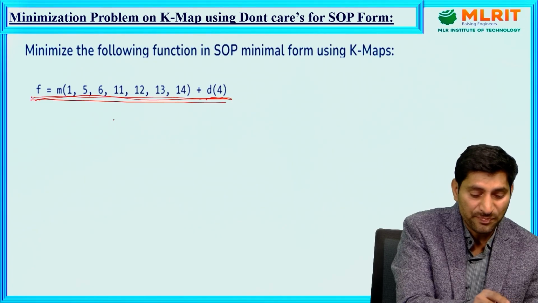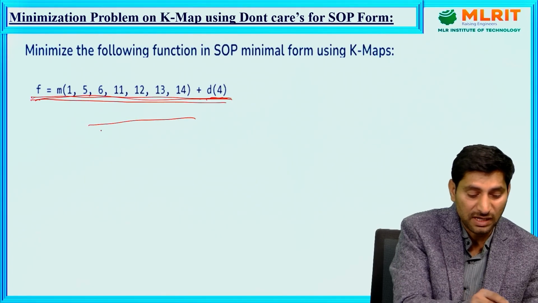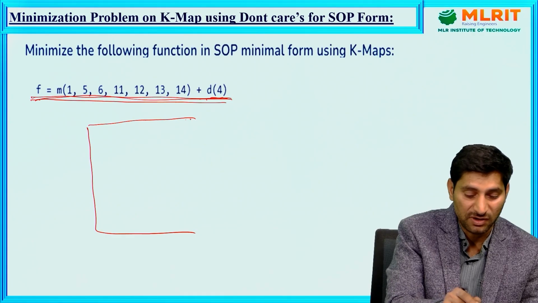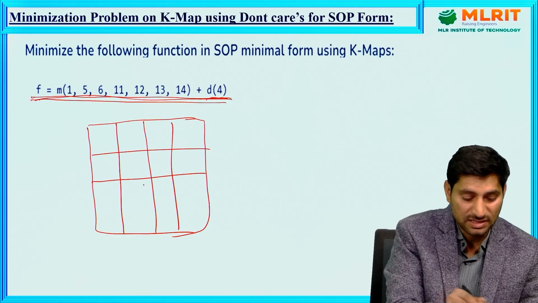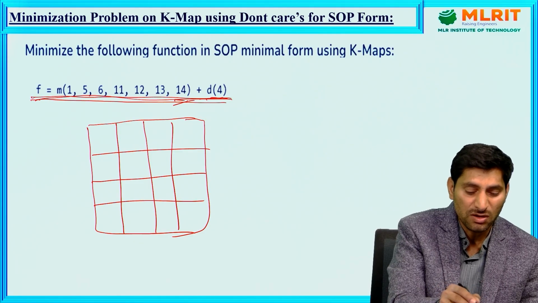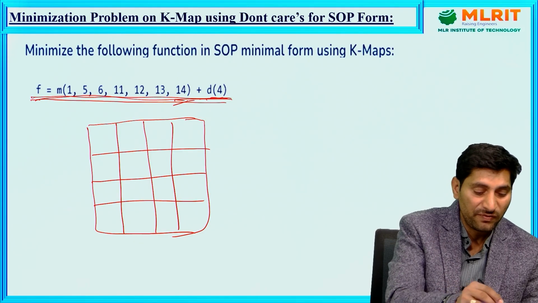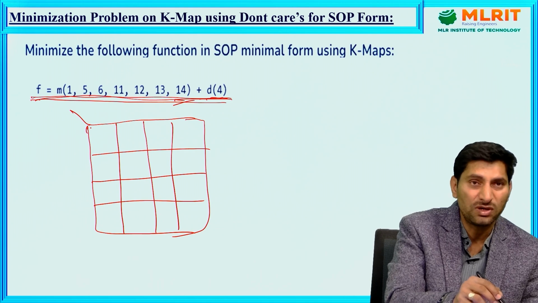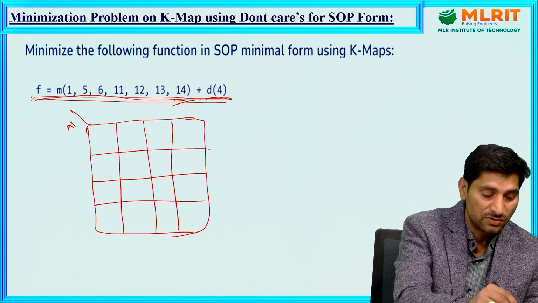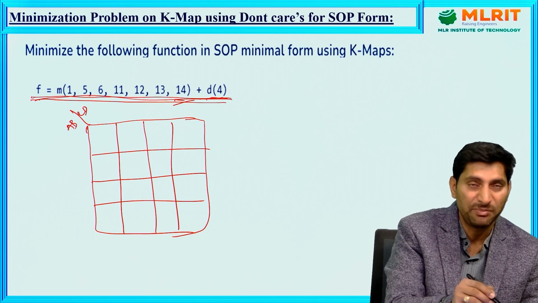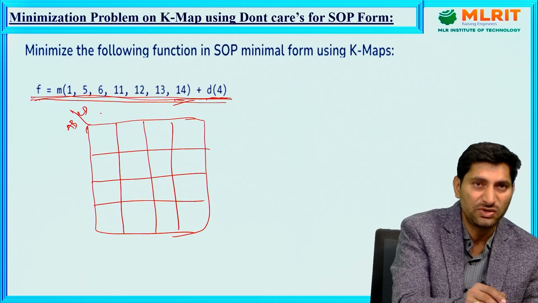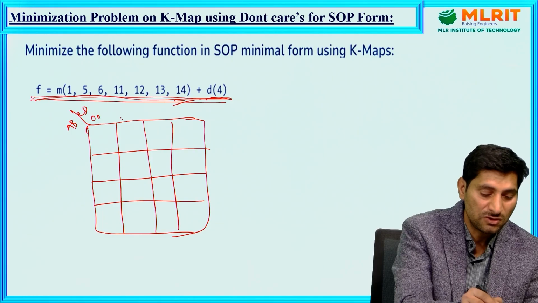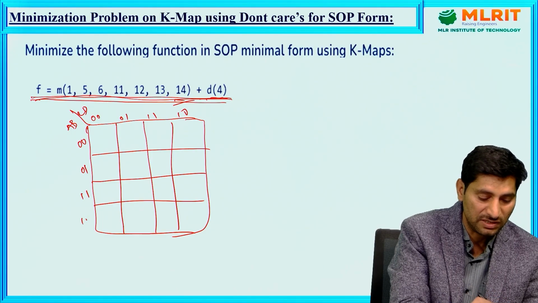Then we need to draw a 4-variable K-map first if we want to minimize, because the maximum term in this problem is 14. So to represent all this, we need to take 4 variables. Let us take the variables ABCD, where AB denotes rows and CD denotes columns. So 00, 01, 11, 10 for rows and 00, 01, 11, 10 for columns.